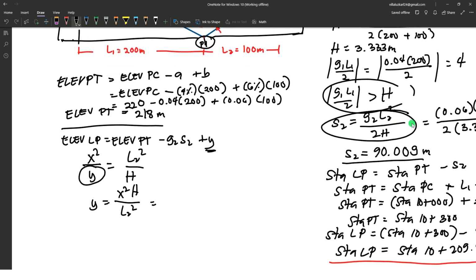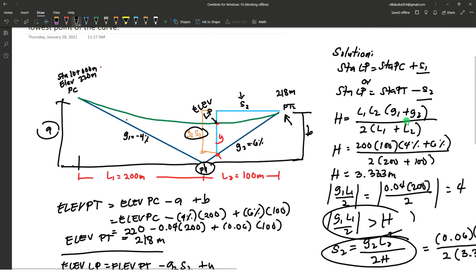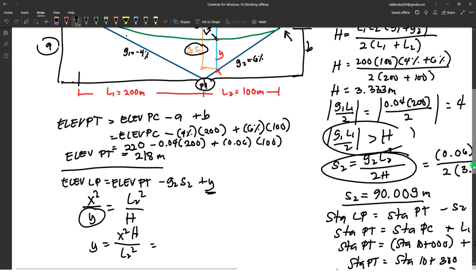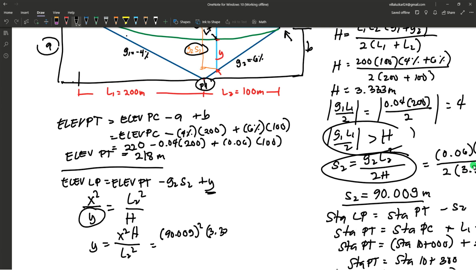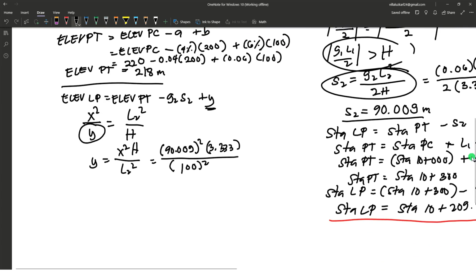Substitute. Our x here, from PT to the lowest point, the horizontal distance, is S2. That's your x. So we have here S2 of 90.009 squared times the computed h, 3.333, over L2 squared. L2 is 100. So y is 2.7 meters.